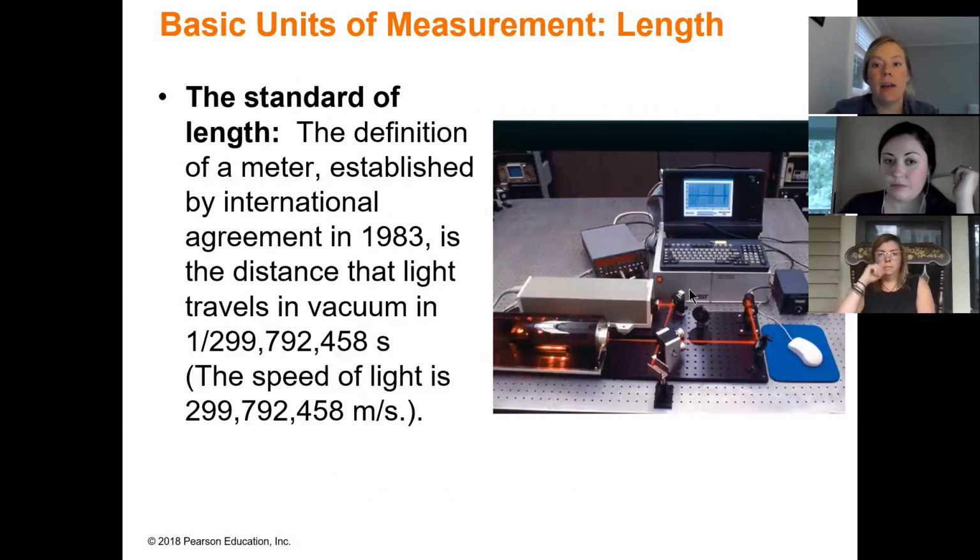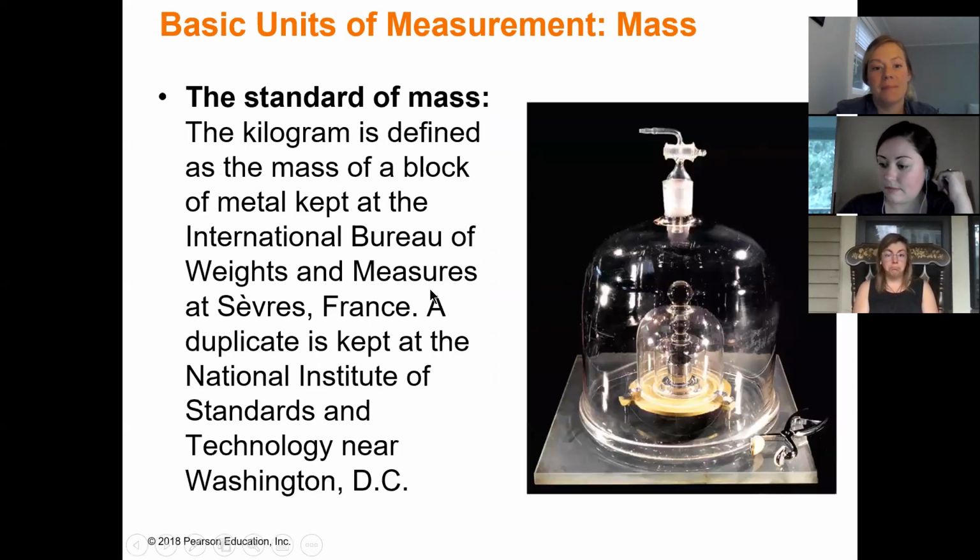Okay, so where did these values come from? They used some fun equipment. The standard length of a meter is the distance traveled through a vacuum at the speed of light, measured with a laser. The standard mass of a kilogram is defined by a block that they have in the International Bureau of Weights.